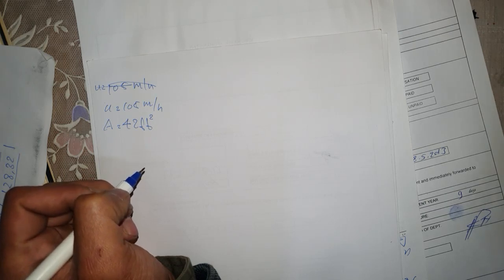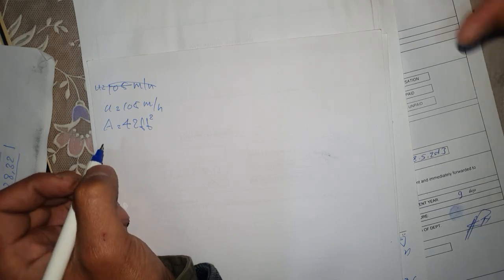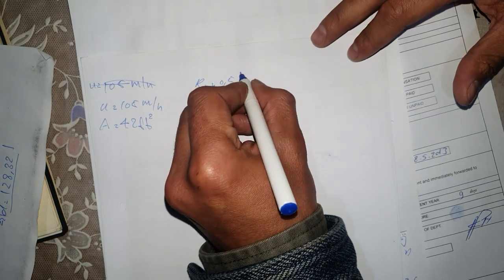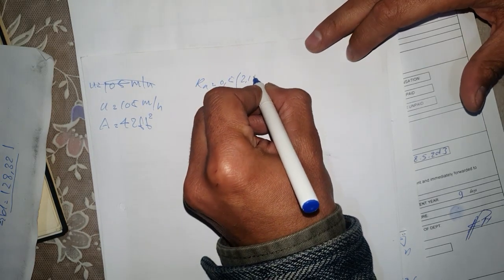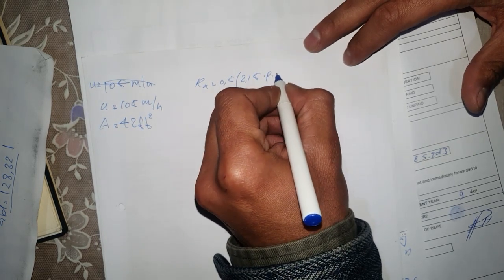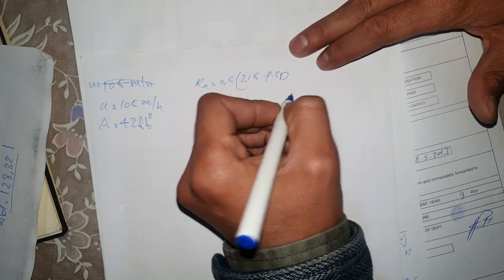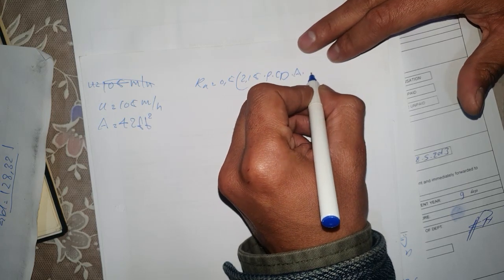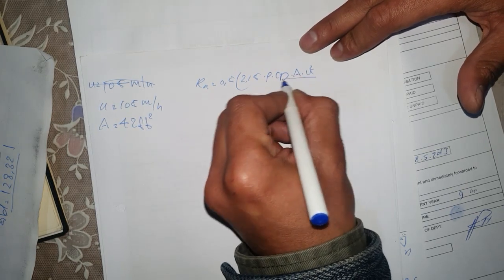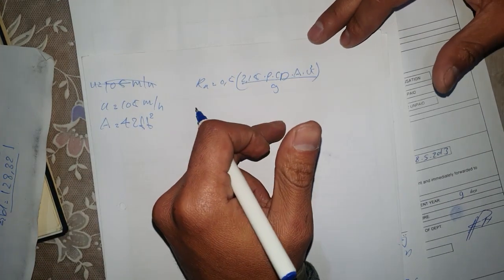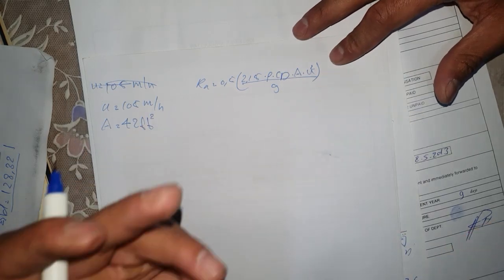So we have to find the rest of the things that we require for finding the air resistance. The formula that we had: air resistance is equal to 0.5 times 2.15 times rho times CD times the cross-sectional area times the speed of the car squared, all divided by gravity. Let's see what we have and what we don't have.